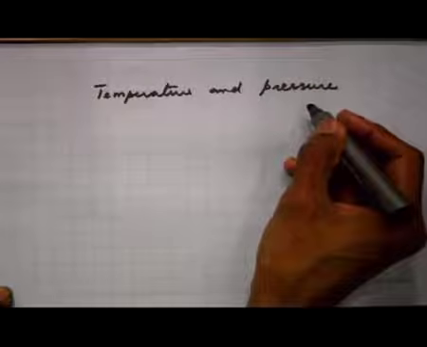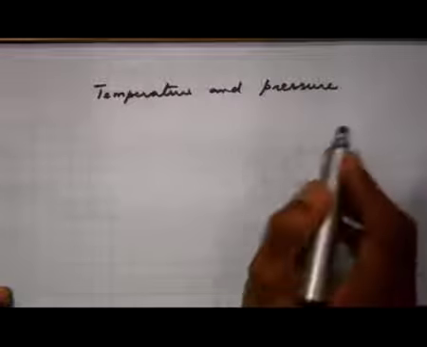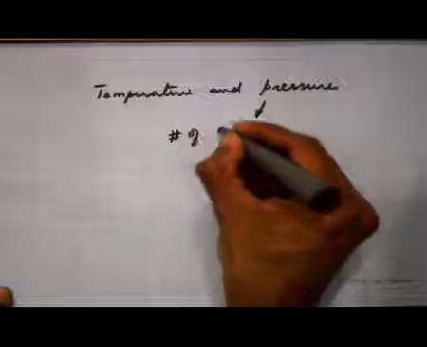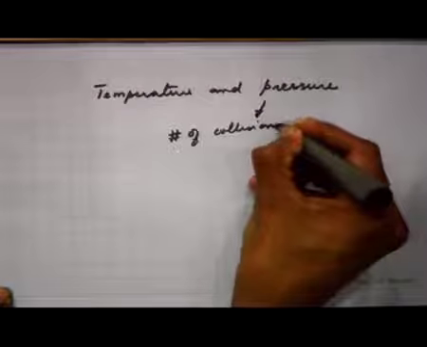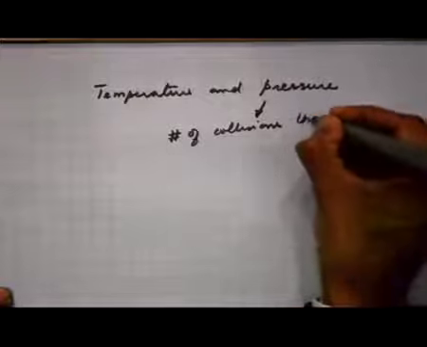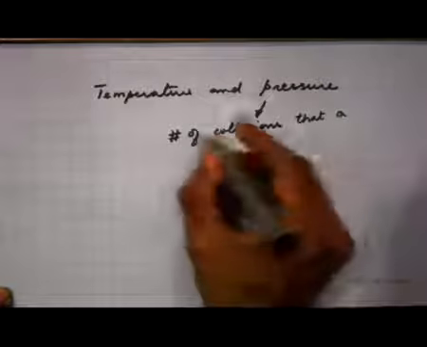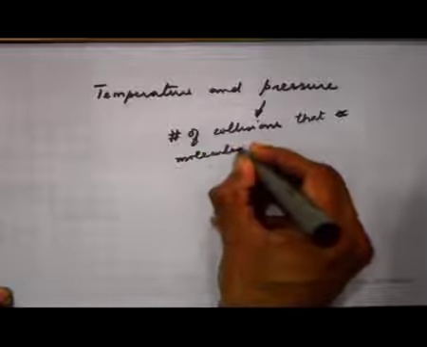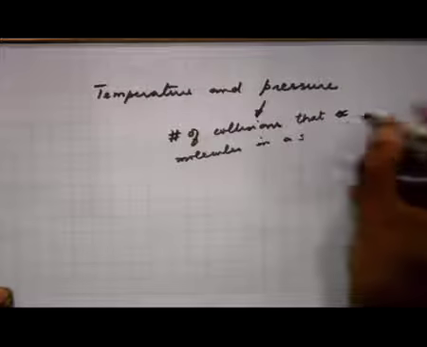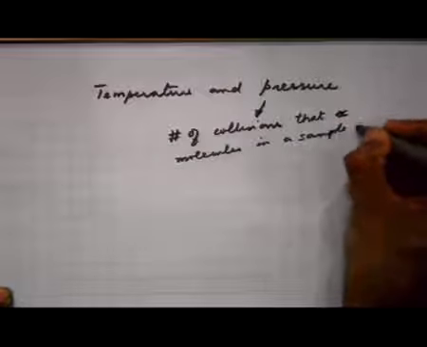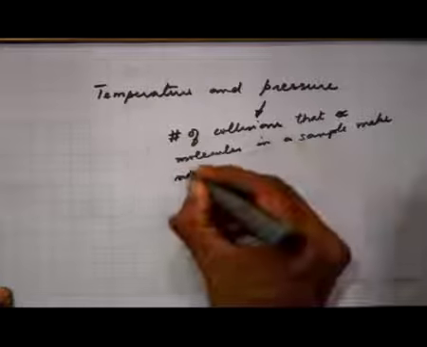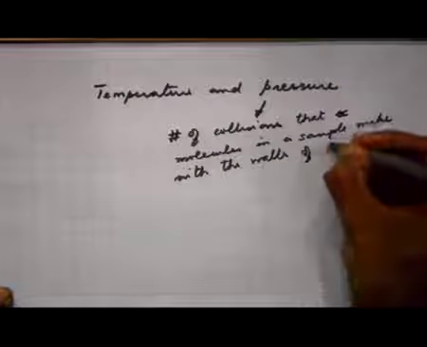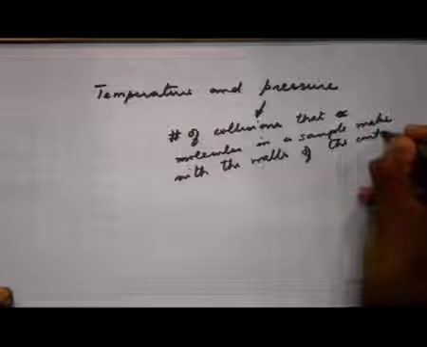So, the pressure that a sample exerts on the container is related to the number of collisions that the molecules in a sample make with the walls of the container, per unit area per unit time.